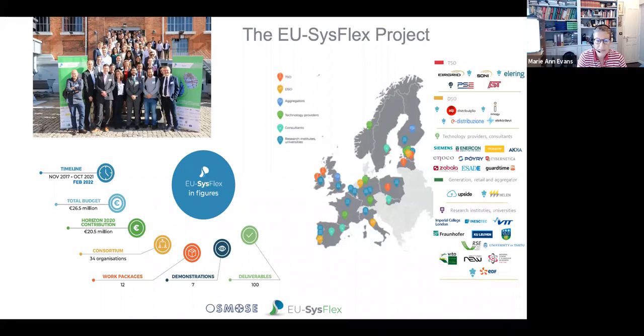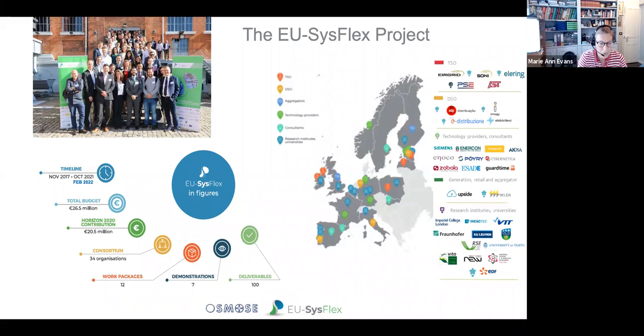It has a budget of 26.5 million, of which 20 million are funded by the H2020 program. It will last until February 2022, so for 4 years.